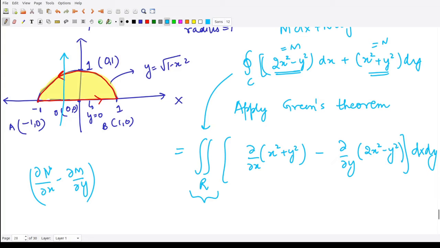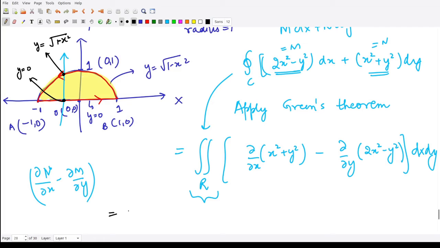So here you will look at the point where this arrow enters the region, and the point where it leaves the region. Here the value of y is equal to 0. Here the value of y is equal to square root 1 minus x square.